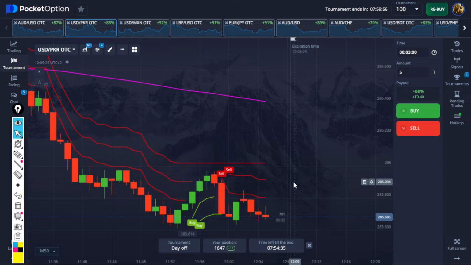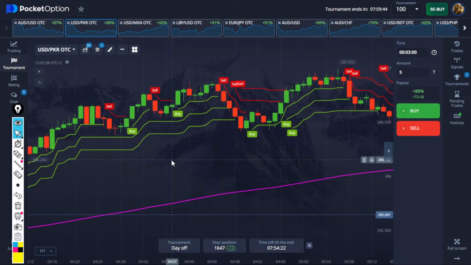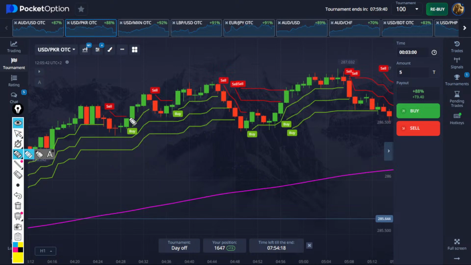Now our second entry signal is, let me go here and show you for a buy setup. Our second confirmation is whenever you see 3 lines of SuperTrend showing below your price, you go for a buy at the close of the candle for 3 minutes. That's a winning trade.